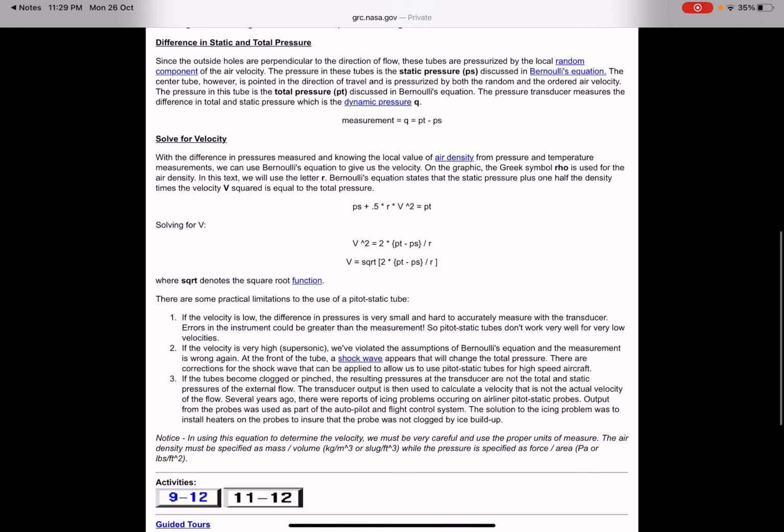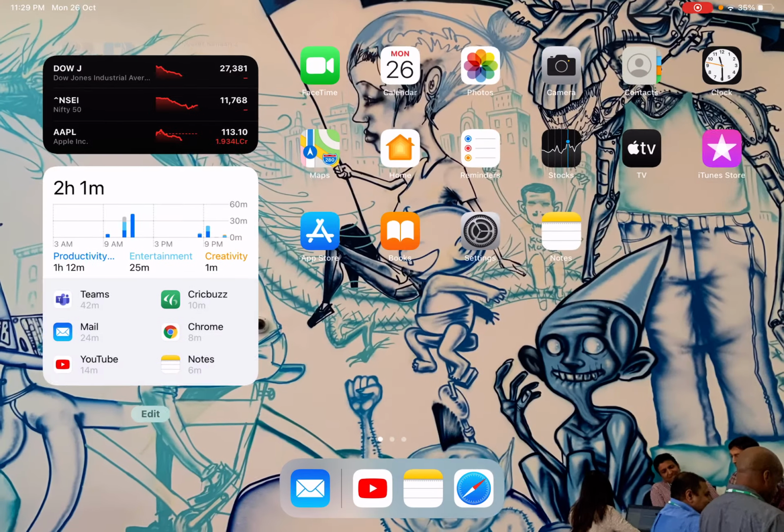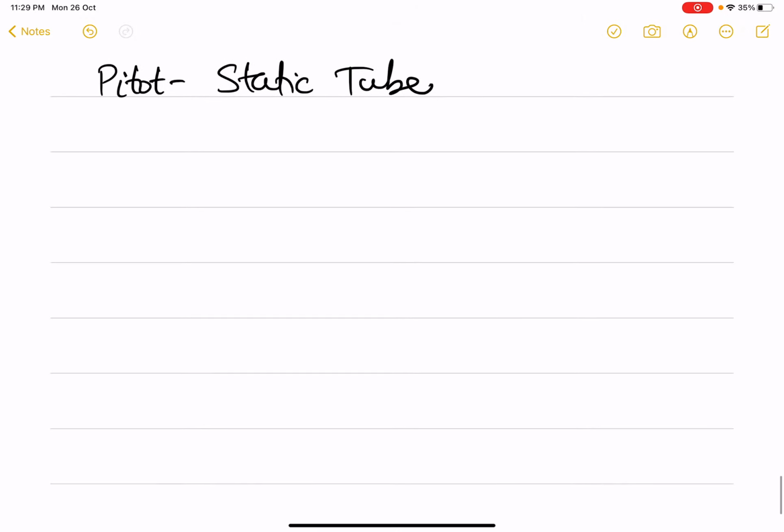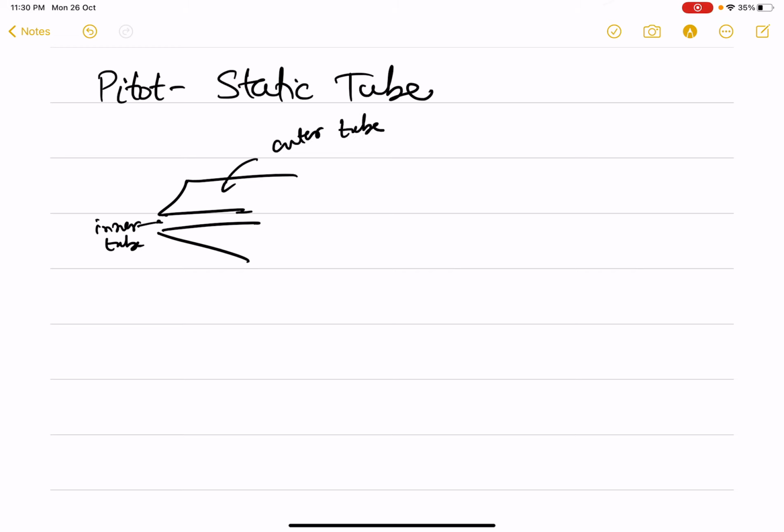So again you can have a look at this web page, but let me now come back and draw this figure and try to explain the principle to you. In a pitot static tube there's a tube with double walls. The inner tube is this one, and here is another hollow tube outside, the outer tube.